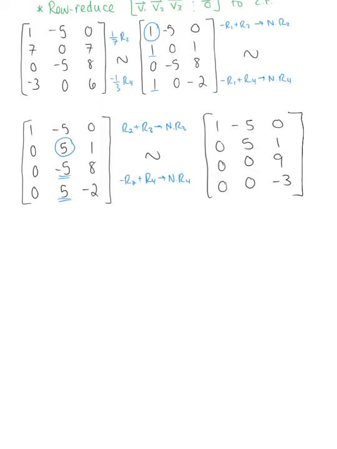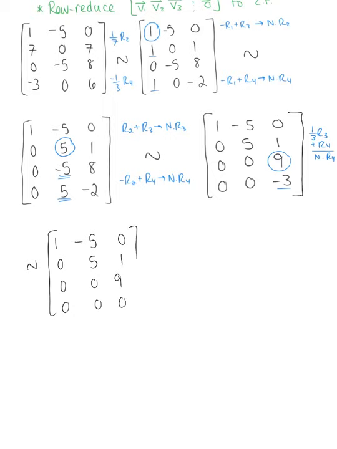And so we can take our third and final pivot here and use it to eliminate the entry below it. If we do, let's say, 1/3 times the third row plus the fourth row, we get that new fourth row. And this leaves us with the equivalent matrix 1, -5, 0, 0, 5, 1, 0, 0, 9, 0, 0, 0.